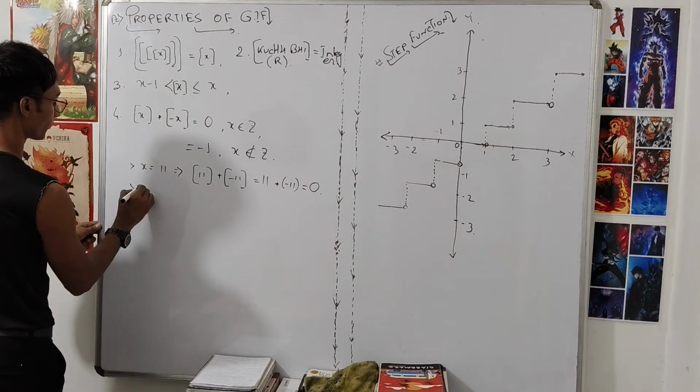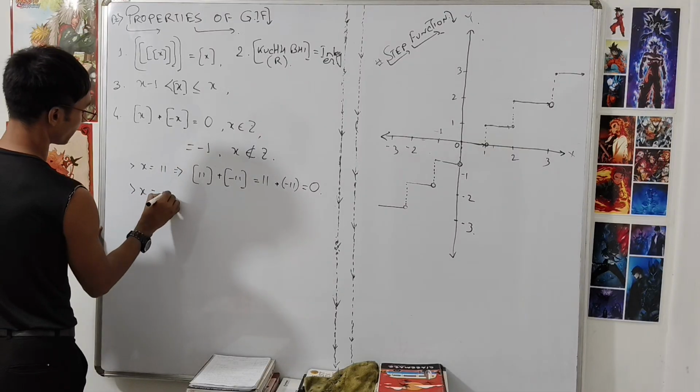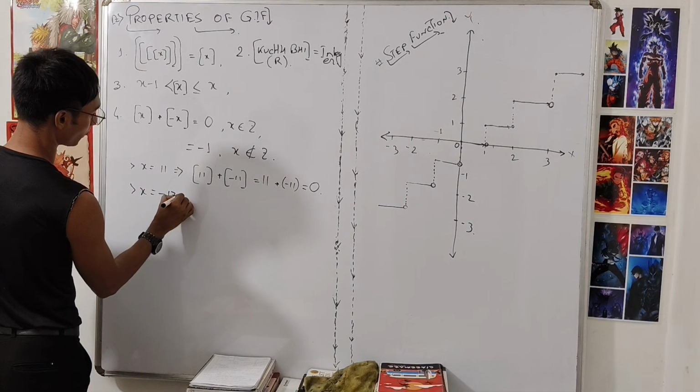Now for the second one, put x as minus 17.5.